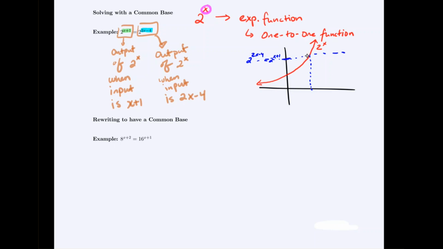So notice there is only one place in the graph where it could be at height 2^(x+1), but this equation is telling us the height 2^(x+1) is the same as the height 2^(2x-4). This can only happen, these are our inputs, if the inputs are actually the same place.